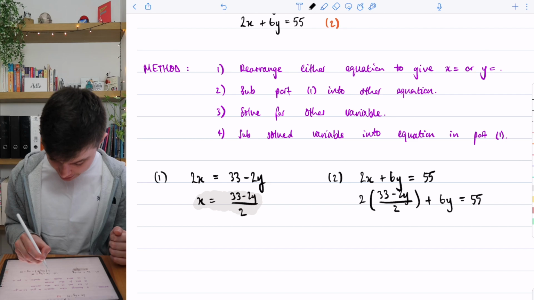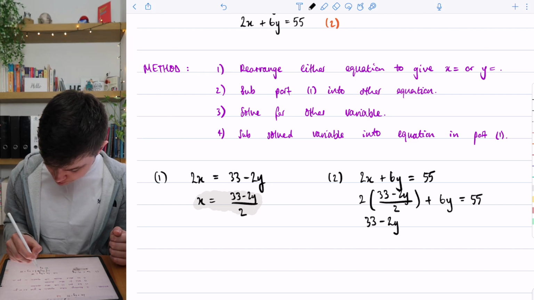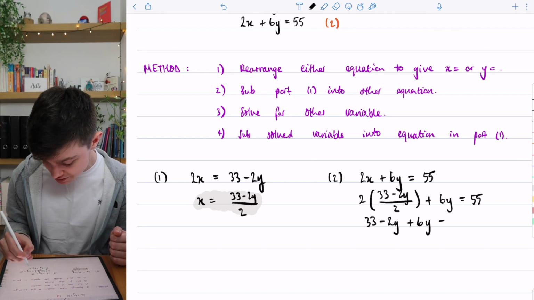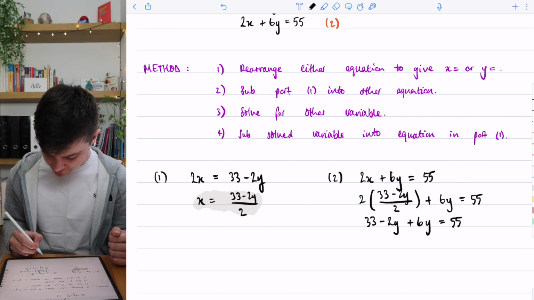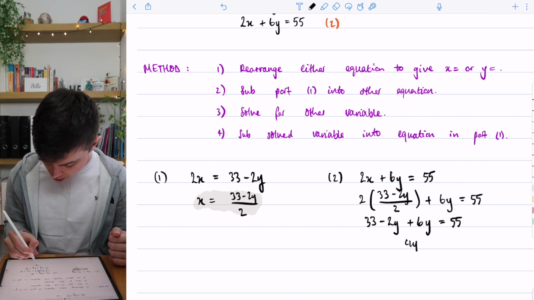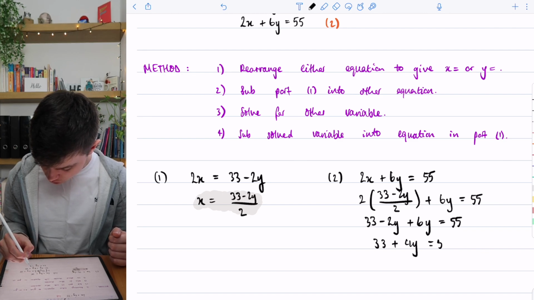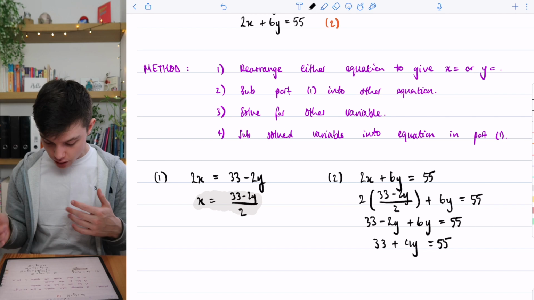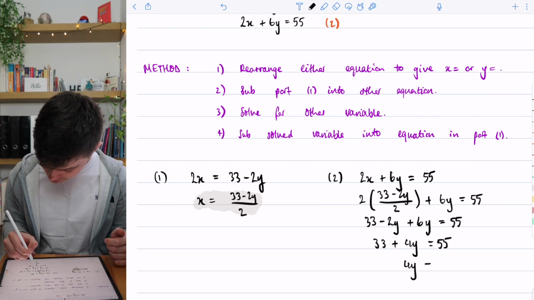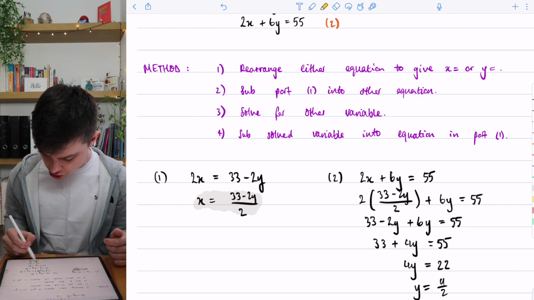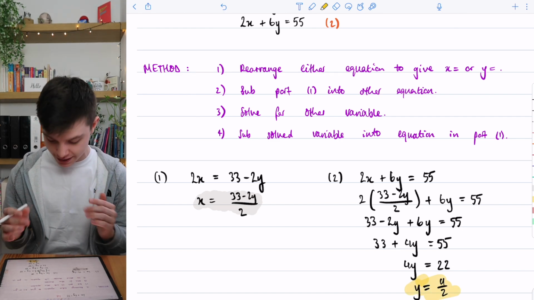The 2's will then cancel to give me 33 minus 2y, and then plus 6y is equal to 55. Then we're going to have 33 plus 4y is equal to 55, and then I can take off 33 from both sides to give me 22, and then y will be equal to 11 over 2, just like our previous example.